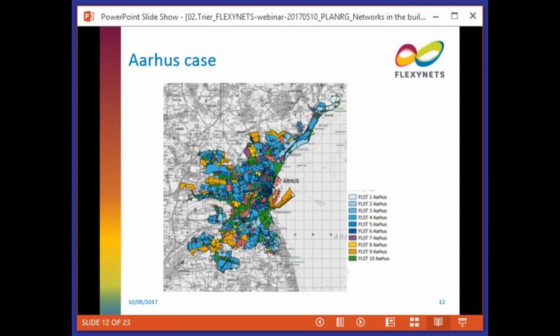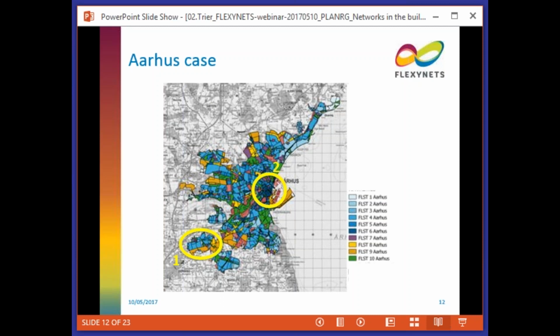Here's one overall map of the analysis for Aarhus, which is a town in Denmark with approximately 260,000 inhabitants. And what we did here was taking two examples from this town, one example in the outskirts and one example in the city center.